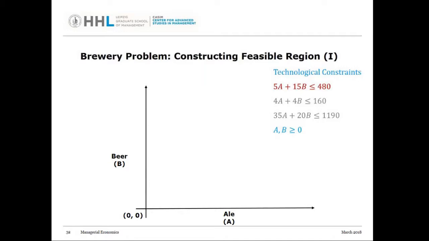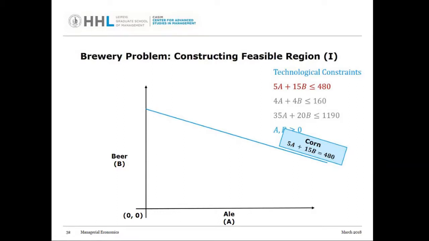And if we look at the first constraint, so if you look at corn, we know we can use at most 480 pounds. And this is represented by a line. The line represents exactly a mix of the production plans of ale and beer that exactly use the 480 pounds of corn.